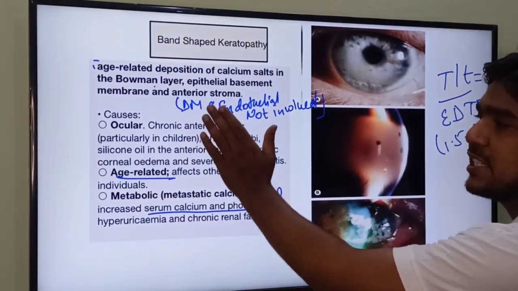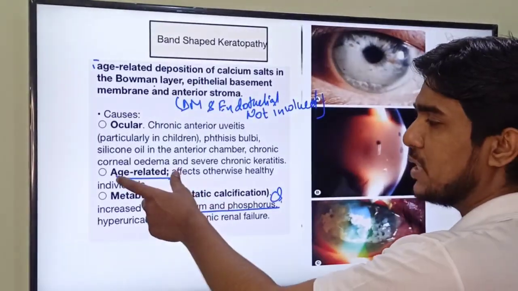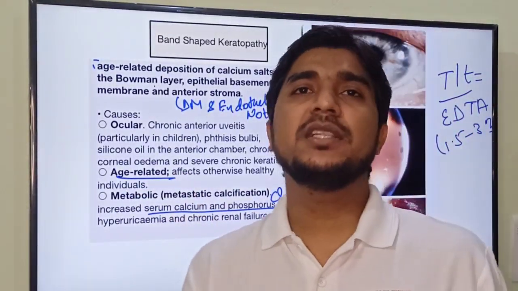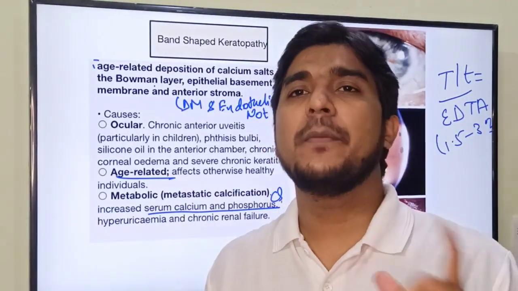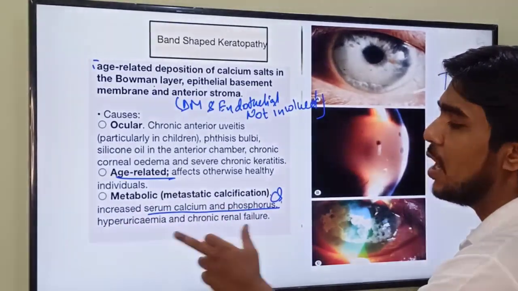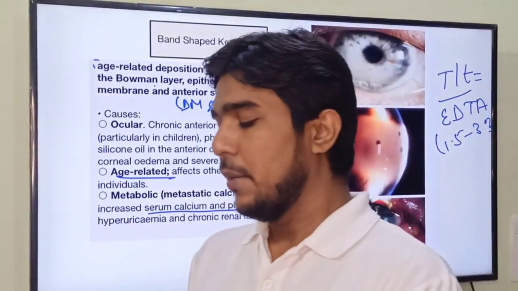They are not involved. It's an age-related process, and every disease which causes an increase in calcium can lead to band-shaped keratopathy, for example hyperuricemia or chronic renal failure. So this can be a precipitating factor.